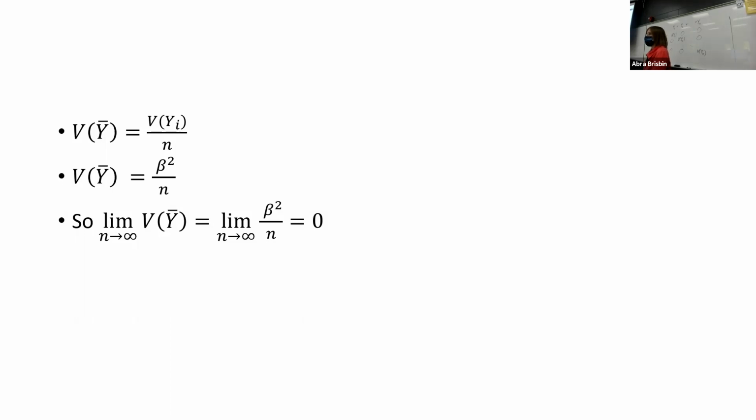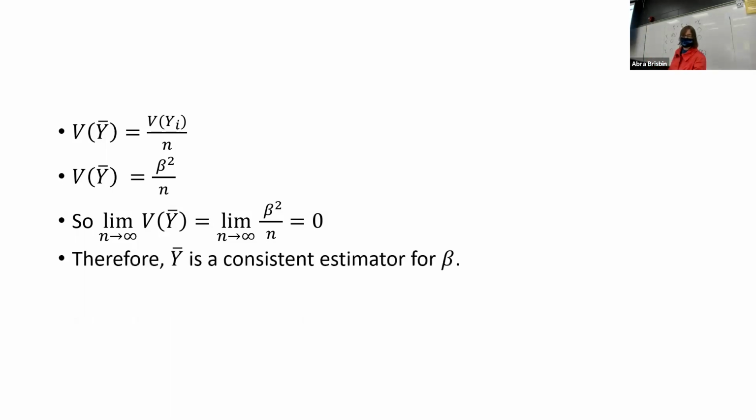So beta is a constant. So as n is approaching infinity, that limit is going to be 0. So that proves that y bar is a consistent estimator for beta. So however close we want to get to estimating beta, we can get there with sufficiently high probability approaching 1, by increasing our sample size.